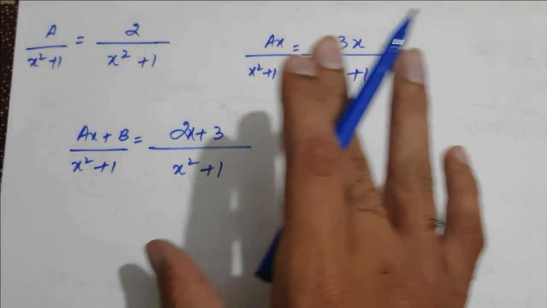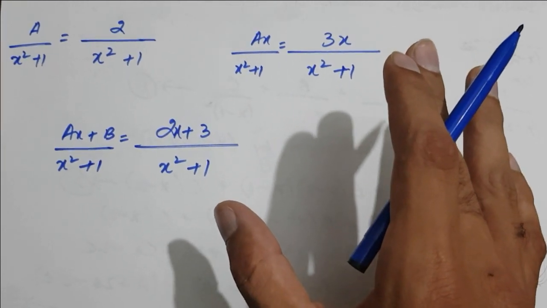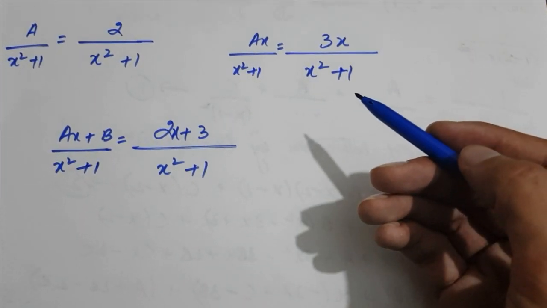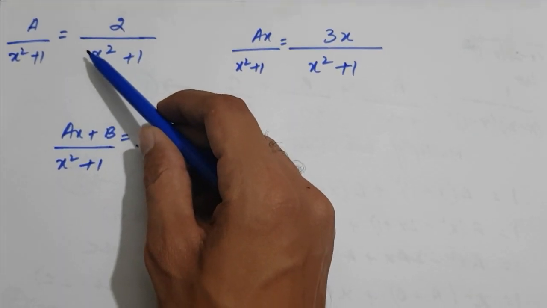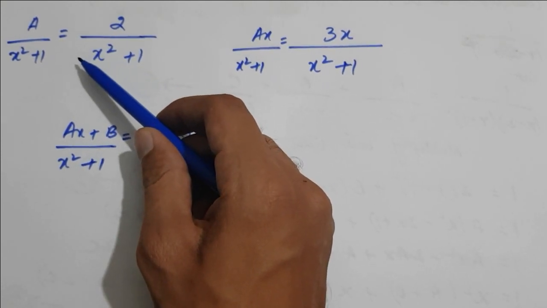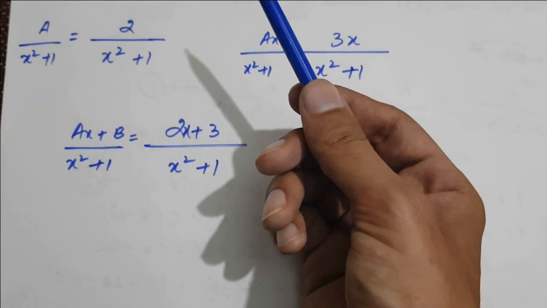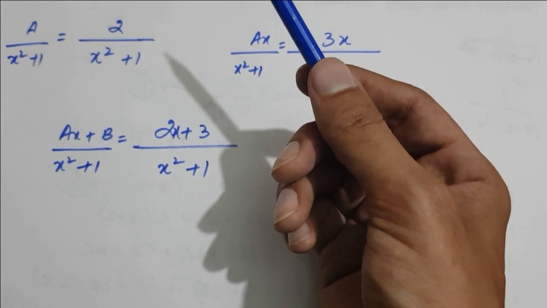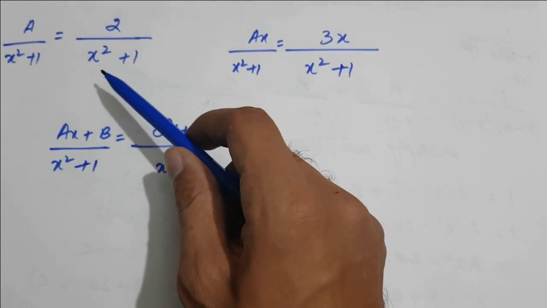So we have to consider the maximum number of options that can be covered while assuming the partial fractions. Let's say we assume this type, in which we have a constant above the quadratic factor, and in actual our result consists of a term involving x power 1. We cannot find that one.